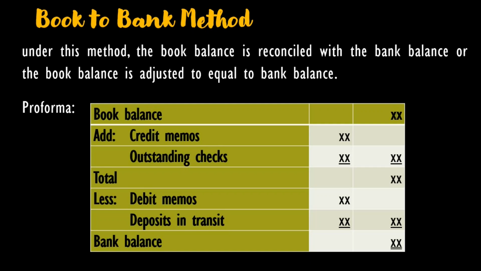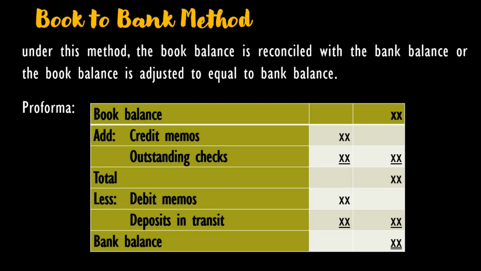Pero, since gusto natin na ang mag-reflect, or gusto natin na yung book balance na to, i-reflect natin or mag-reconcile siya with the bank balance. So, yung ginawa natin, dapat i-deduct natin yung mga deposit in transit. Kasi nga, nandito na yan, na-include na yan dito sa book balance, pero hindi pa naka-reflect sa bank balance. So, we have to deduct deposit in transit.